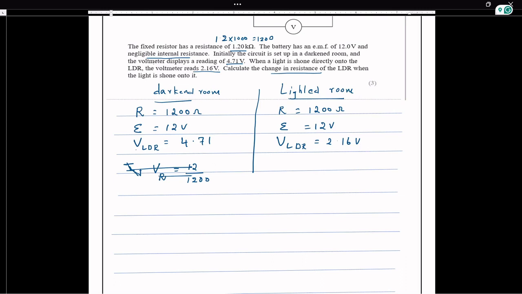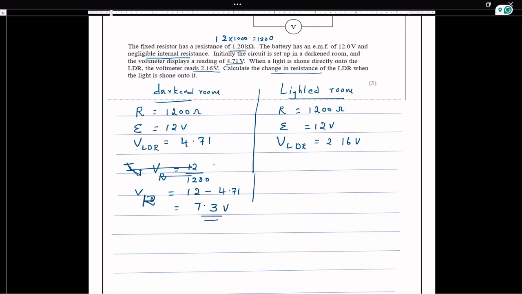So let us calculate the voltage drop across the resistor. Therefore we can calculate the voltage of the resistor, which is 12 minus 4.71, which on calculation gives 7.3, approximately 7.3 volt.